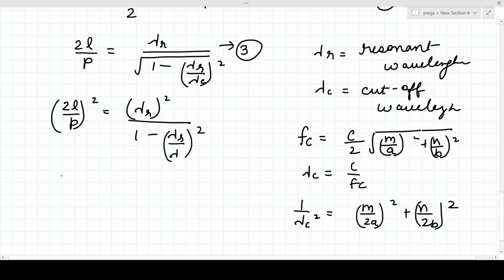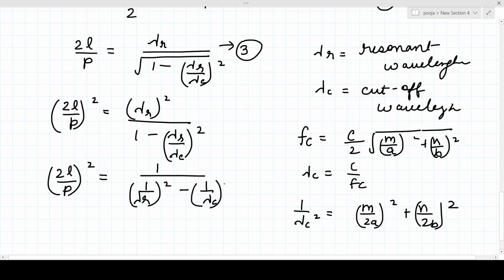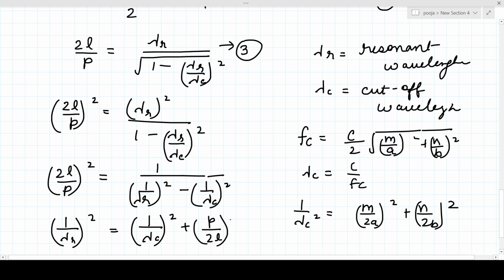Dividing by lambda r square, this becomes 1 by lambda r square minus 1 by lambda c square. So it becomes 1 by lambda r square equal to 1 by lambda c square plus p by 2L whole square.